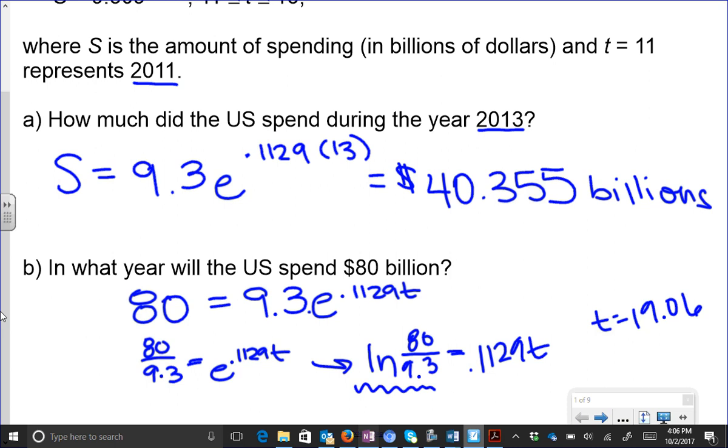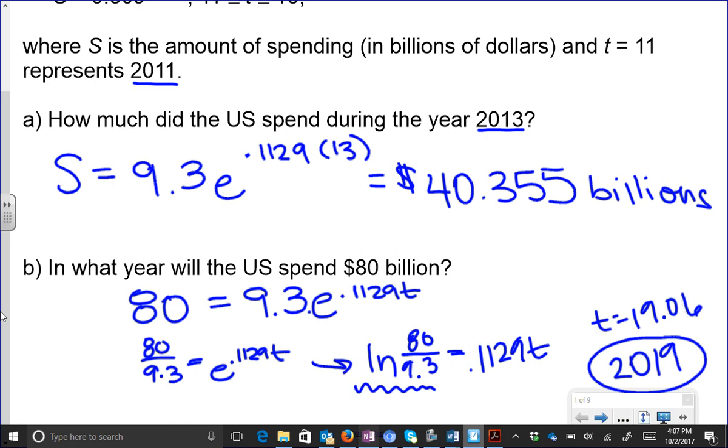Since 19.06 is t, then during the year 2019 is when the U.S. spent $80 billion. Even if that was 19.9, it would still be during the year 2019. Once it hits 20, then we get to the year 2020.